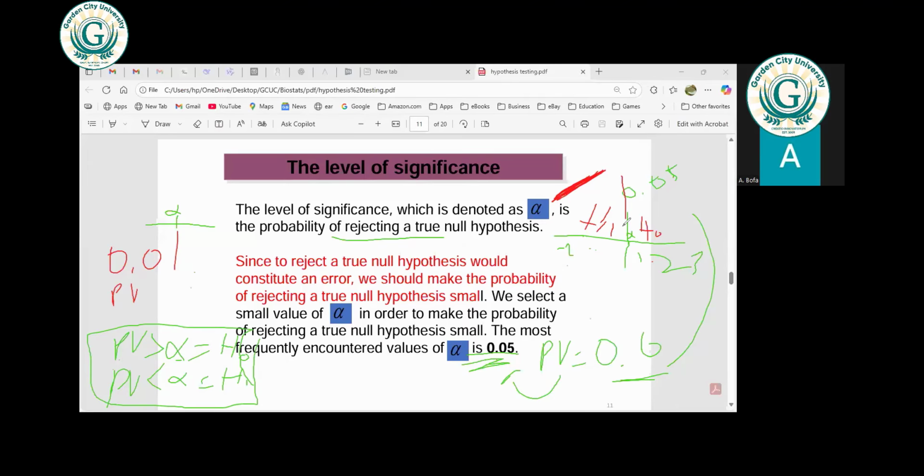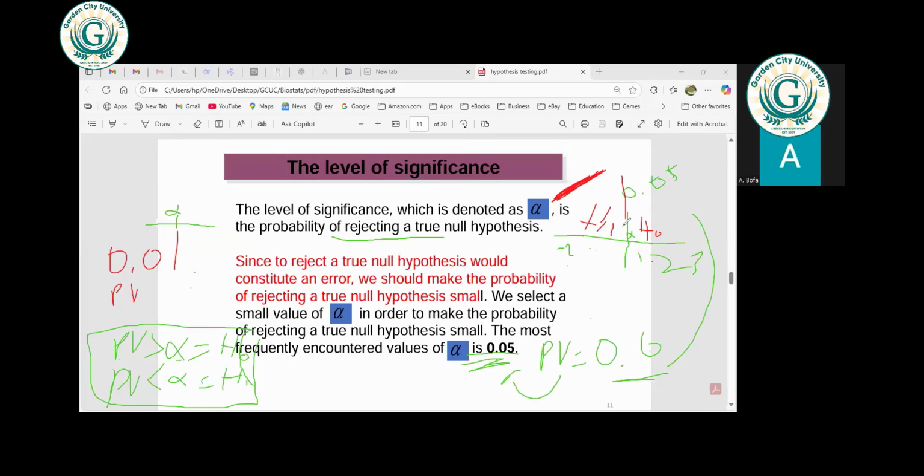That means that we are rejecting H0 and going for H1. Don't forget that I stressed that it is always the null hypothesis that we test, and so we either accept or reject it. Whenever you go for H1, it implies that you've rejected the null hypothesis.